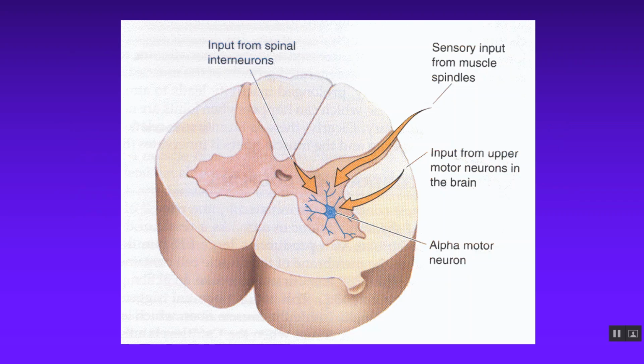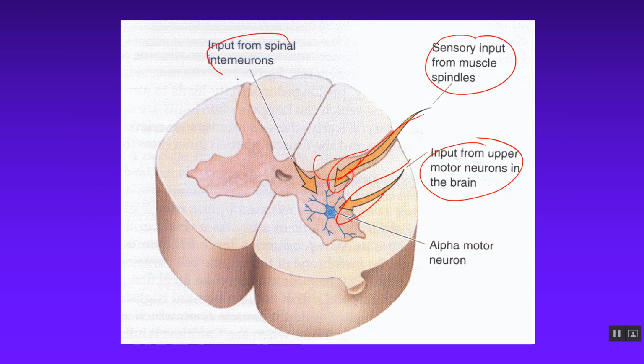This is just showing you that you get these multiple inputs from upper motor neurons from the brain, from the muscle spindles right at the dorsal horn, or from propriospinal interneurons. They all converge on that alpha motor neuron to influence the signals that you're eventually sending to that muscle through that lower motor neuron, either turning it up or turning it down based on other feedback.